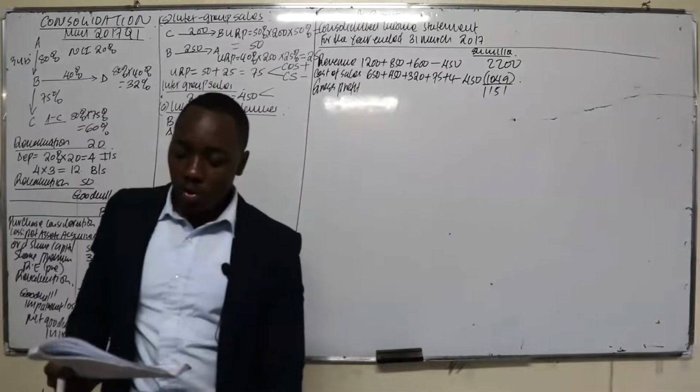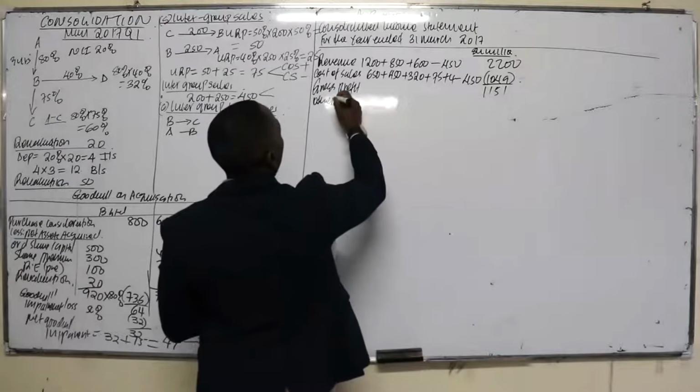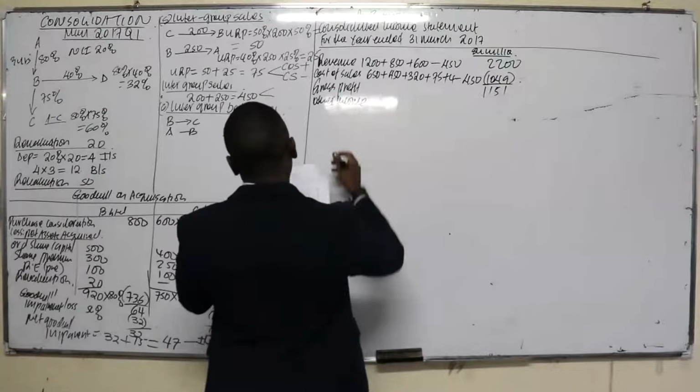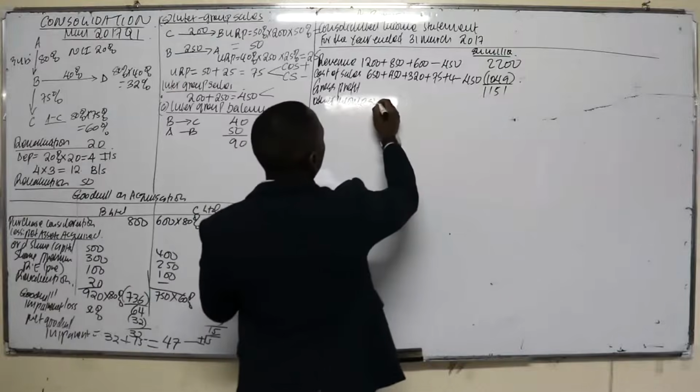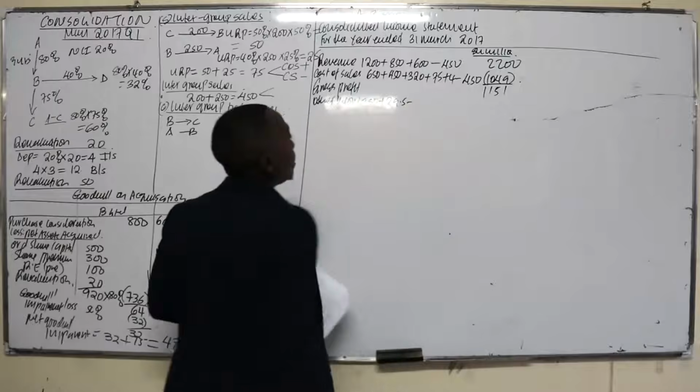Now, once we have the gross profit, we also have other incomes. For other incomes, we have 50. You add 29.5. Then you deduct.